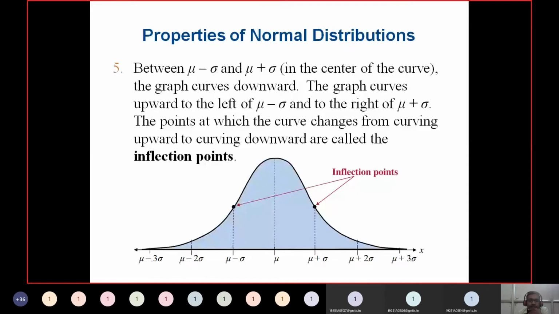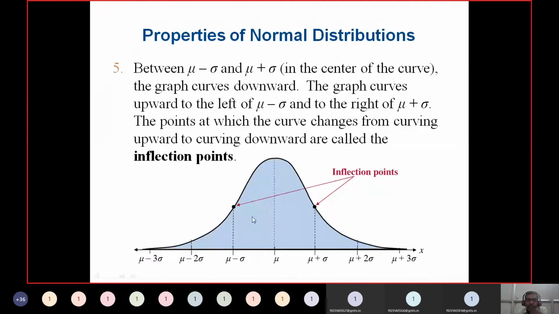See here, the inflection points occur at mu minus sigma and mu plus sigma. So the distance from mu to mu plus sigma is nothing but sigma, no? So to find the standard deviation, it is sufficient to identify the location of the inflection points.